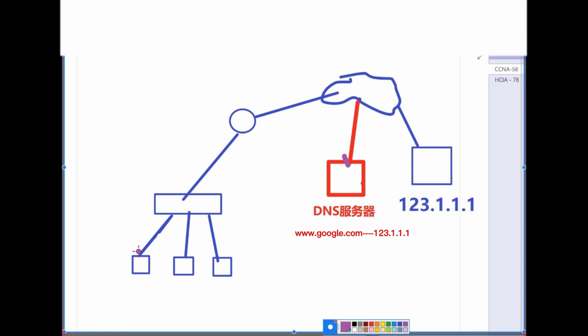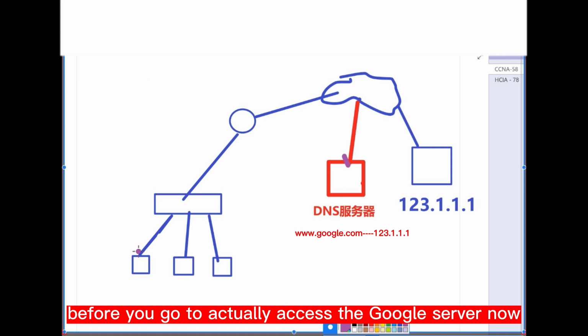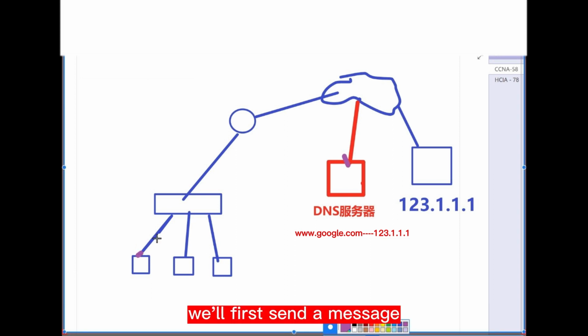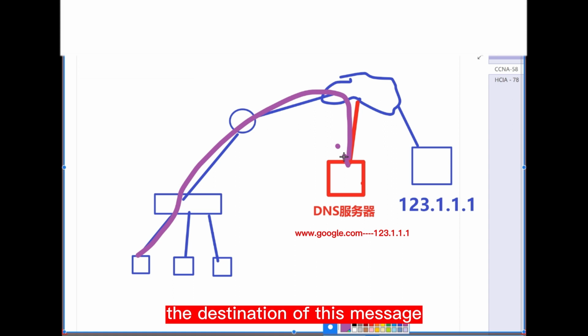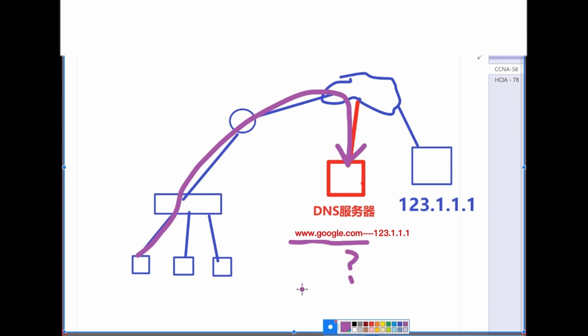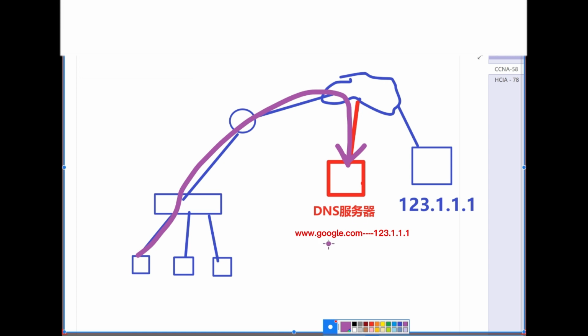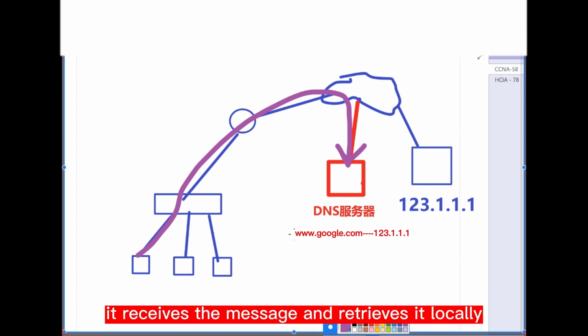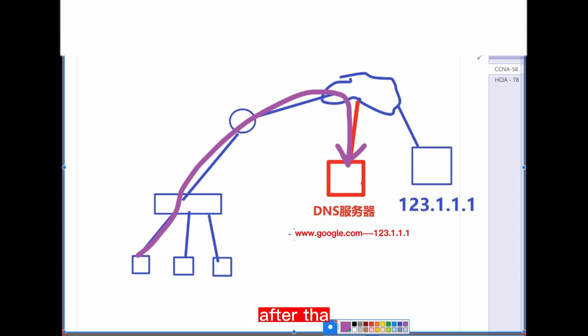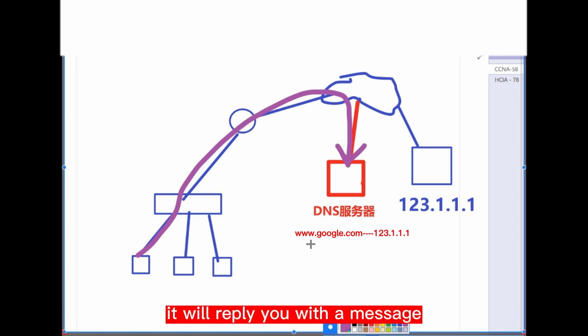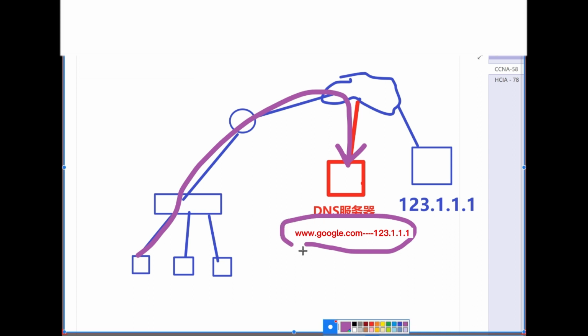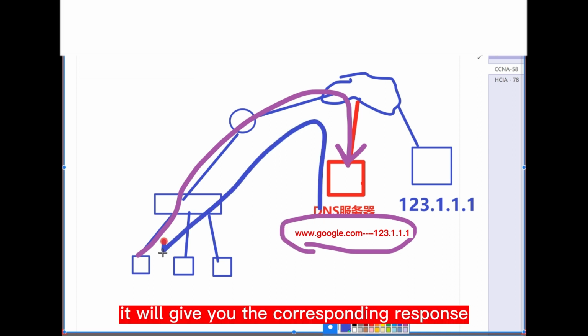Actually, before you go to actually access the Google server, we'll first send a message. The destination of this message will be the DNS server you configured. The message content asks for the IP address corresponding to www.google.com. You would send a packet asking. It receives the message and retrieves it locally. After that, it will reply to you with the corresponding response.